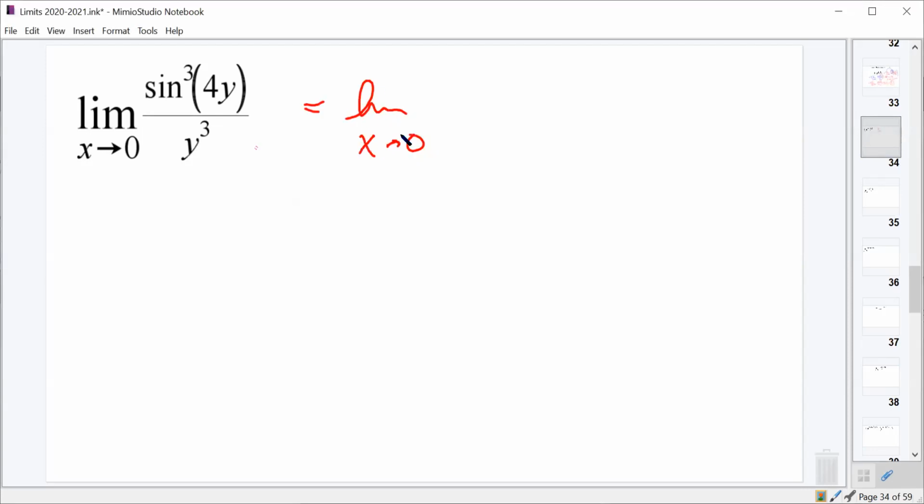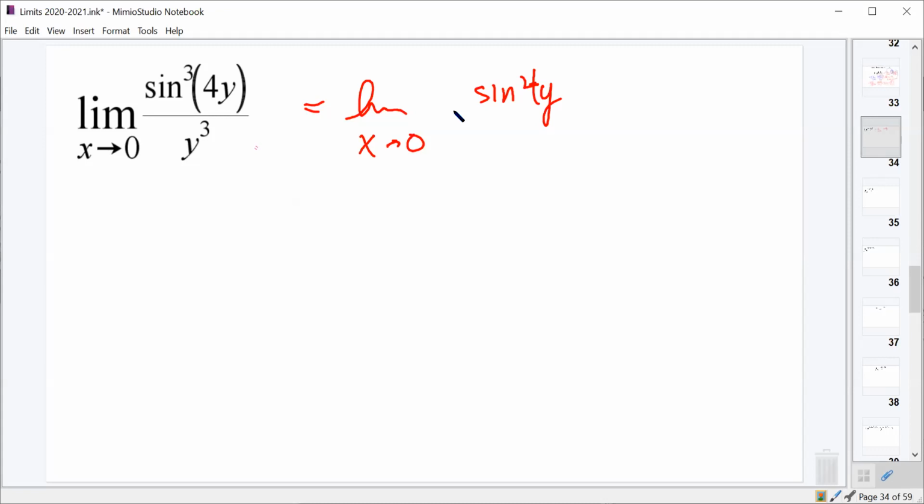Okay, so I like this first idea of taking the cube off of the sine 4y, no longer making it sine cubed 4y, but making it sine 4y, the whole thing cubed. That's the same thing. That's what that means. But unfortunately, we can't just cube root this function as we're trying to find the limit. We can't apply extra stuff to that, unfortunately.